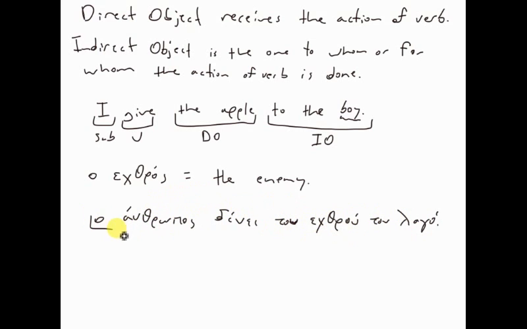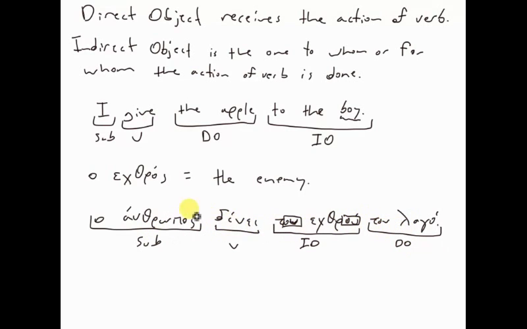So here we have the subject, here we have the verb, του εχθρού. This is a little messy, but this is the genitive. So the genitive, as we said, denotes indirect object, or it can denote indirect object. And τον λαγό is the accusative, so it is the direct object. So the subject gives to the indirect object the direct object. Ο άνθρωπος δίνει του εχθρού τον λαγό.